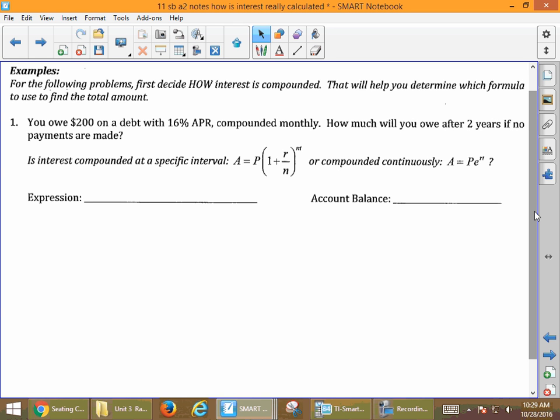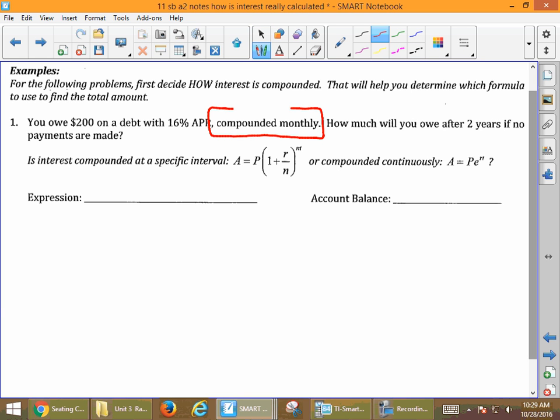In my opinion, that's the most important thing. Are we calculating at a specific interval, or are we continually calculating? Compounded monthly means we're calculating at a specific interval.